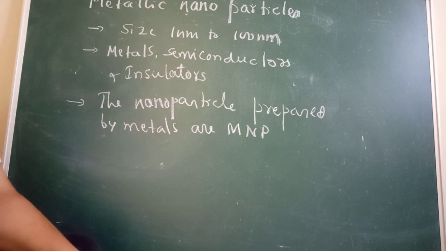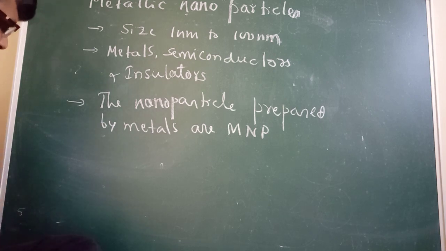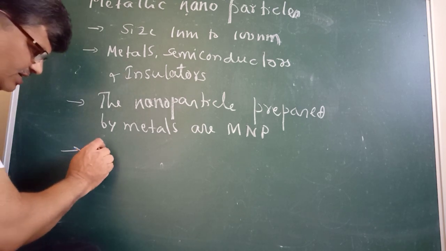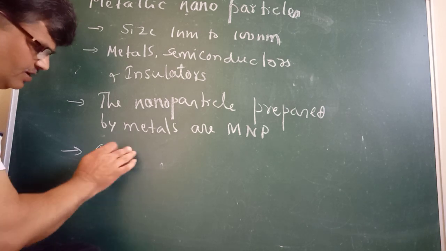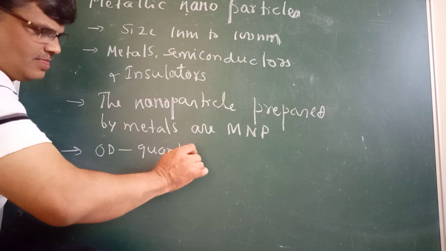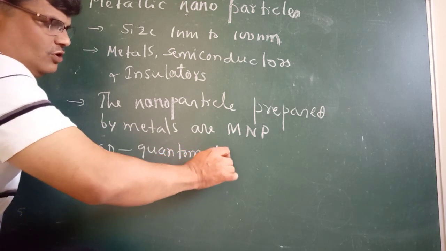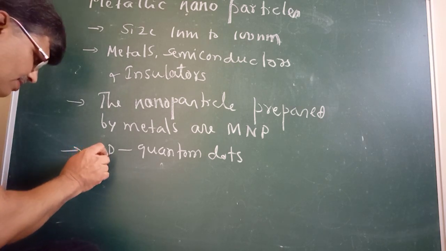We give the symbol MnP for metallic nanoparticles. These metallic nanoparticles are again in zero dimension or quantum dots. These are also called nanoparticles.